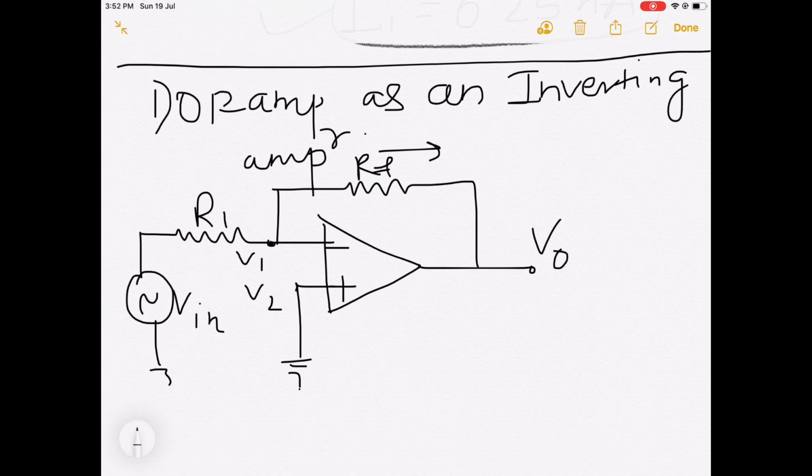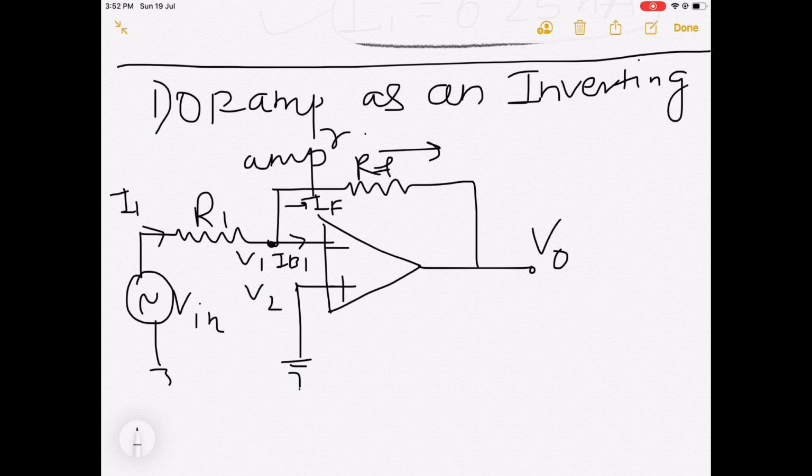So, main thing, when you apply V in, current I1 flows through R1, okay, and at this node it is divided: here it is IB1 and here it is IF, it flows like this.